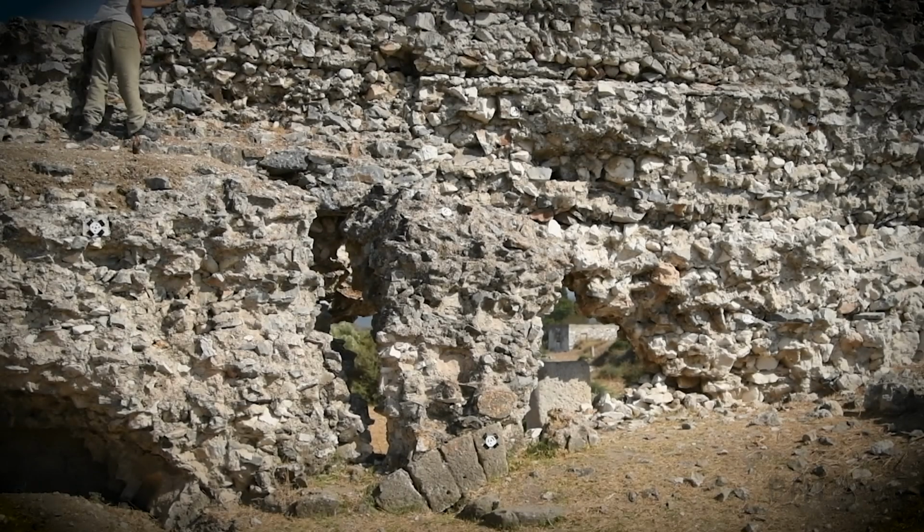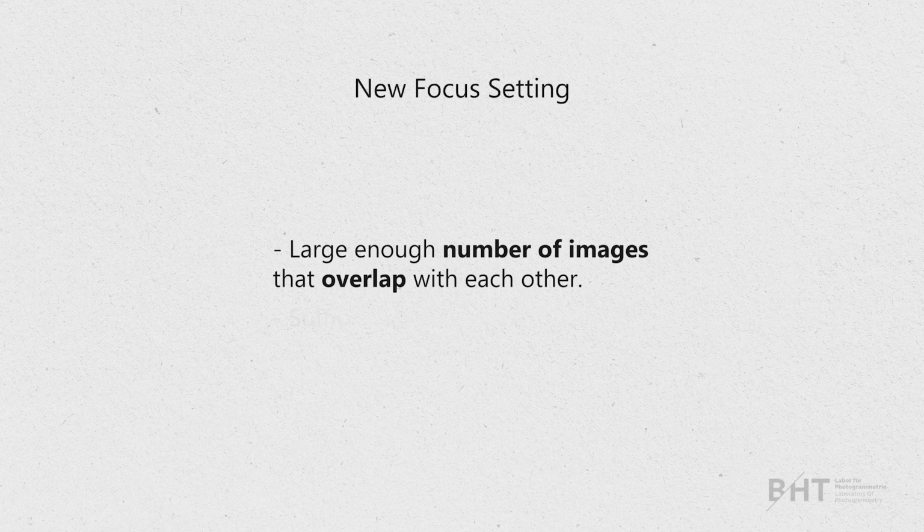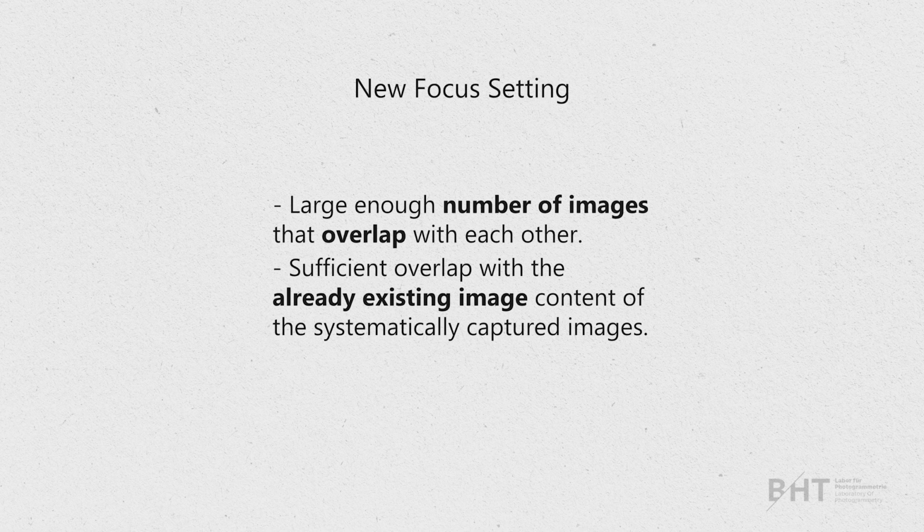If there is need to refocus, you should be aware that you can change the geometric properties of the camera. This is not a major problem, but there are 2 things to consider. First, with a new focus setting, you need to take a large enough number of images that overlap with each other and that also have sufficient overlap with the already existing image content of the systematically captured images.